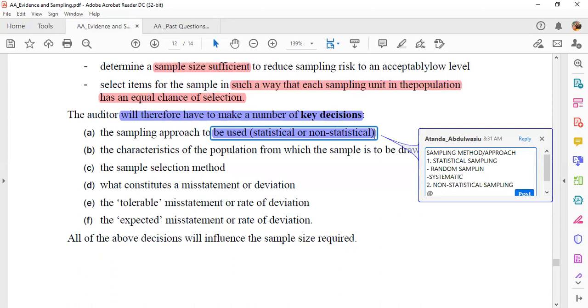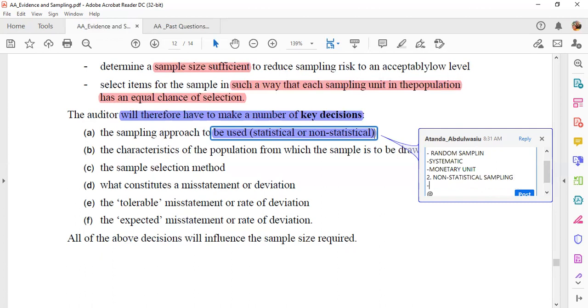We also have monetary unit sampling. So these are the three types of sampling mentioned in ISA 530 under statistical sampling: random sampling, systematic sampling, and monetary unit sampling.